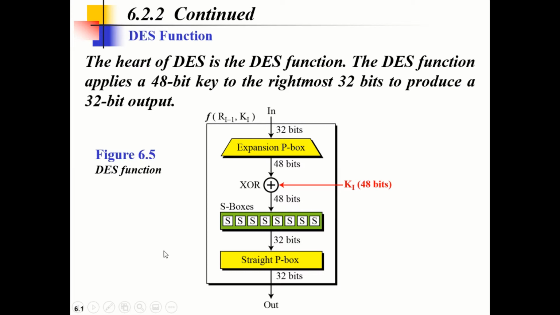We expanded this 32 bits to make it 48-bit data. I told you about this expansion using that table. Then these 48 bits are XORed with the key of 48 bits, and as an output we get these 48 bits. So up to here we discussed in the previous class.